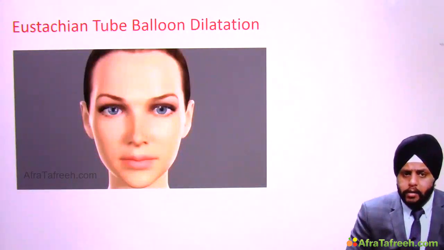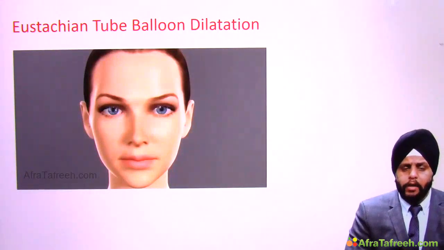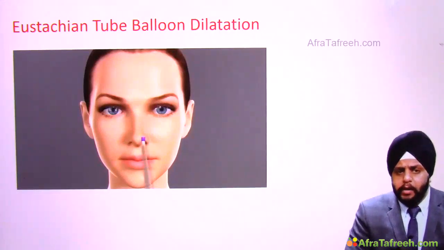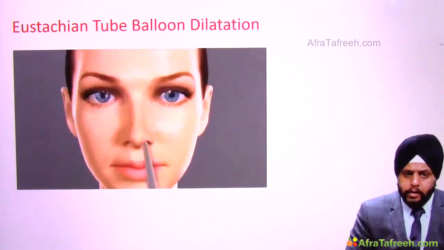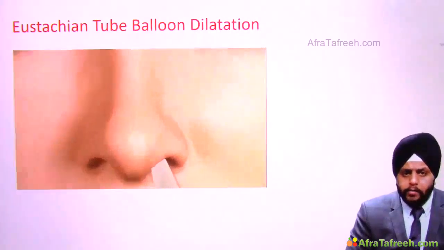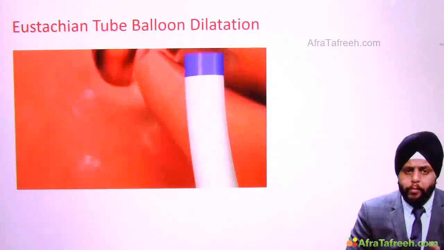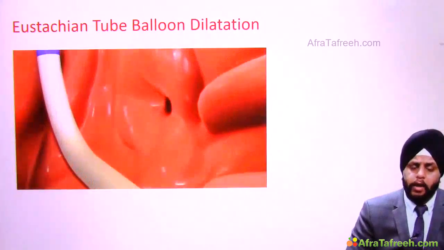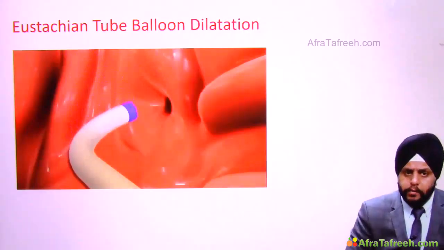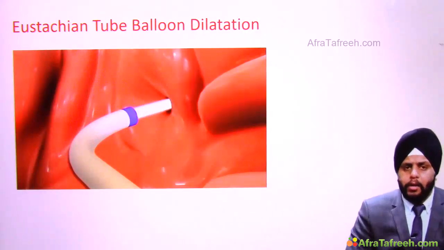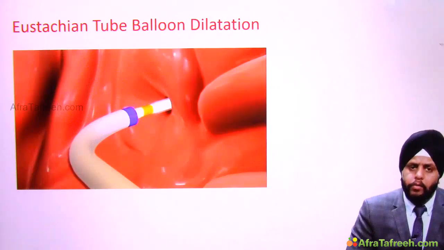Let's look at this small video. We have these specific devices, and we are putting this device under endoscopic guidance. Under endoscopic vision, you take it to the nasopharynx, turn it, and insert the balloon into the eustachian tube.